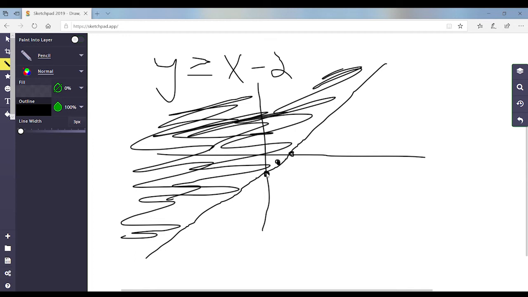So at 0, it could be anywhere along this line, this individual sort of segment you can imagine. But at 1, it could be anywhere around here. And then at 2, it could be anywhere around here. So the region in which y can be actually changes based on what x is. Sorry about the line. But that happened. So as x changes, the region where y can be also changes.